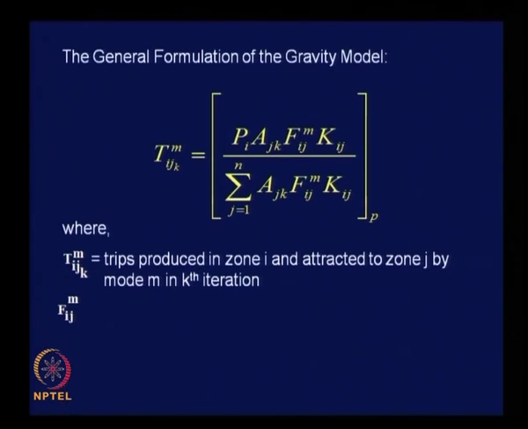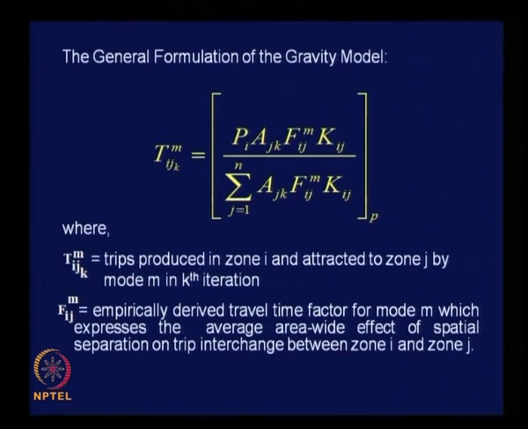Fijm is the empirically derived travel time factor or friction factor for mode M, for a specific mode, which expresses the average area wide effect of spatial separation on trip interchange between zone I and zone J. K is the iteration number and P is the trip purpose. This is a very general form of the gravity model.